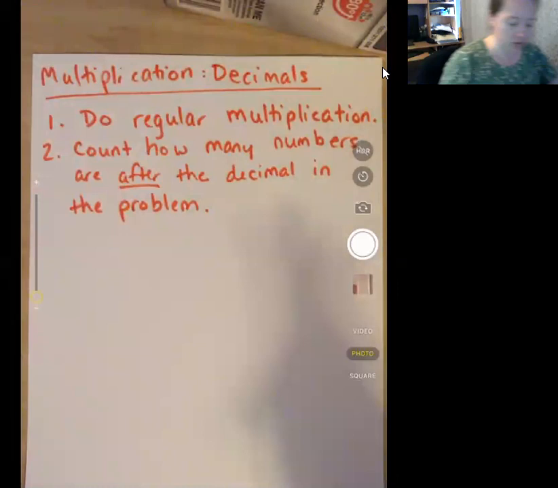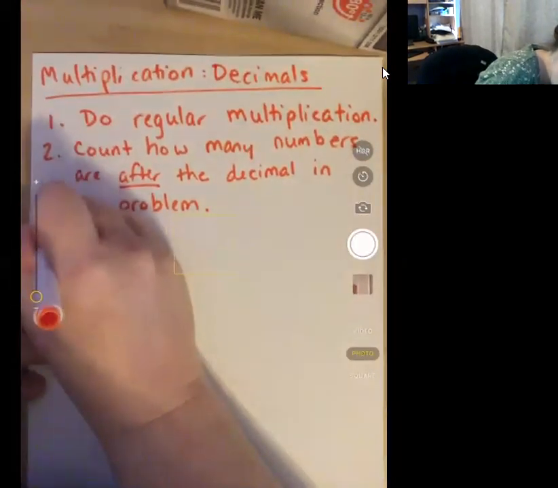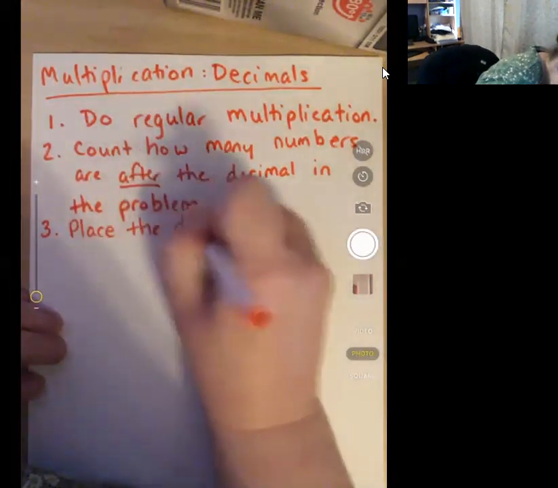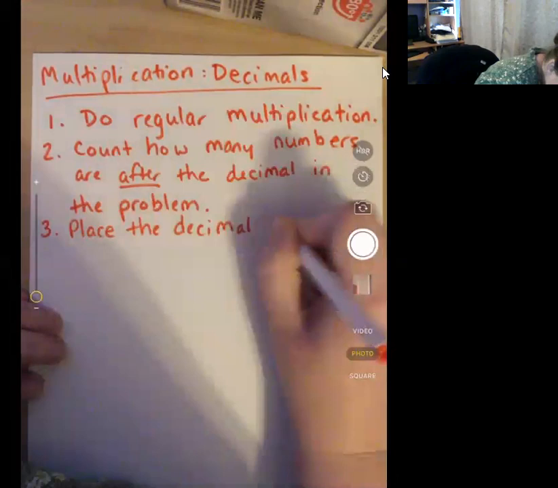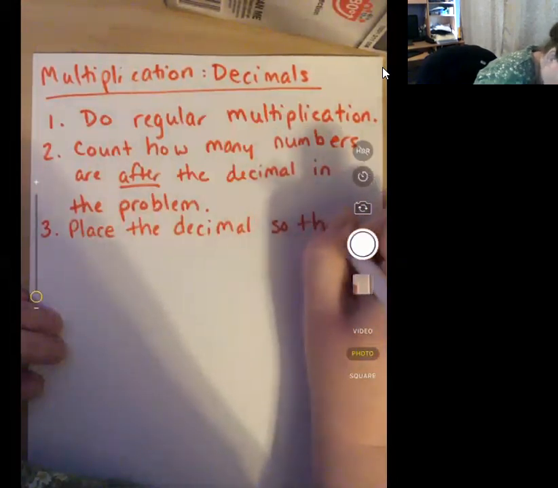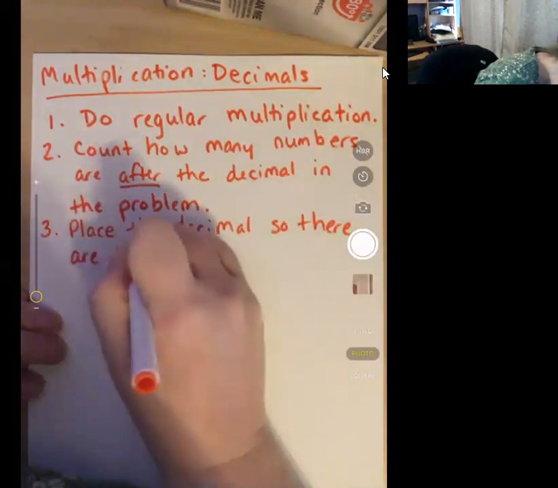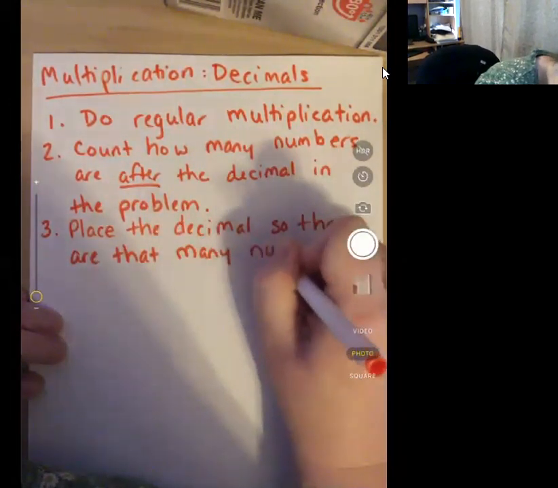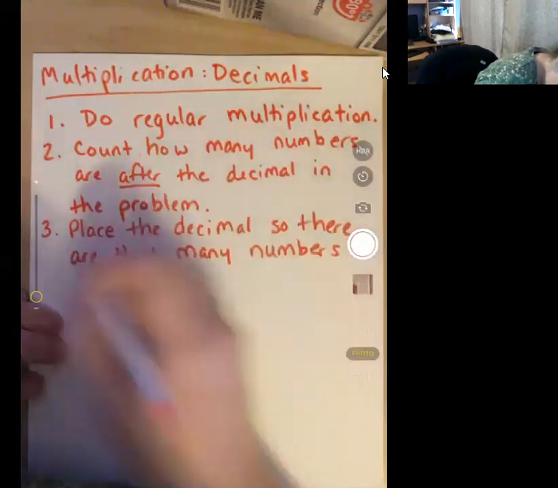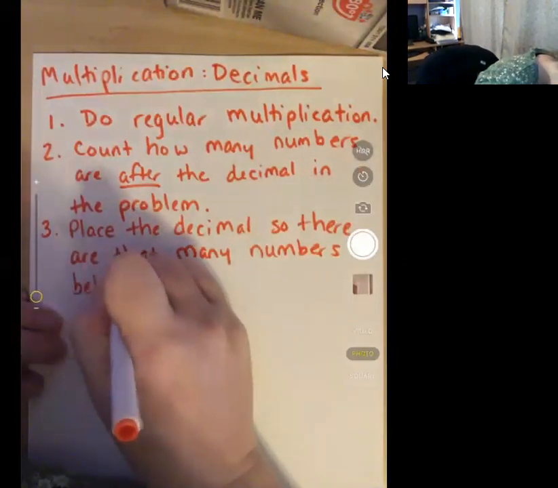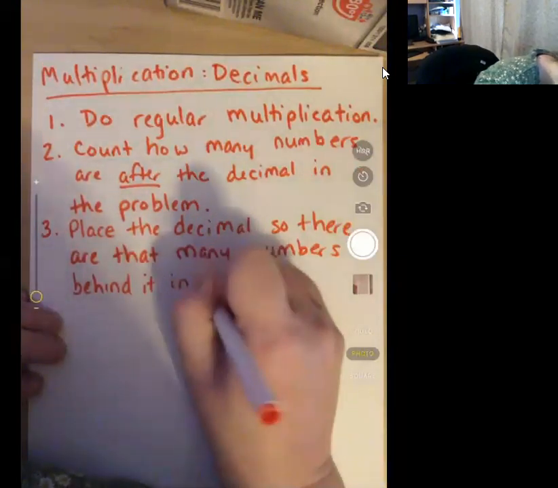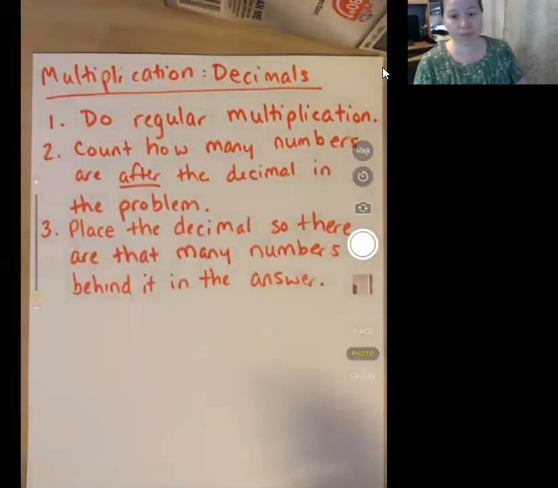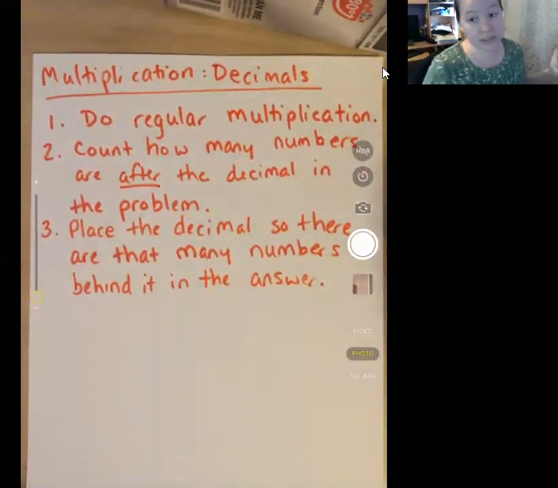The third thing you do is place the decimal so there are that many numbers behind it in the answer. Okay, so let's do some examples.